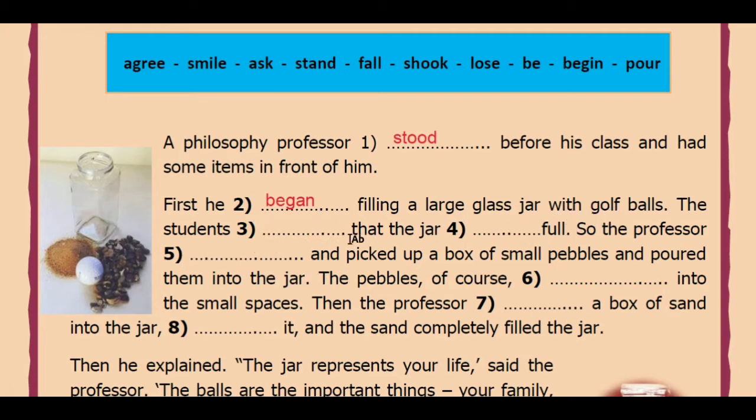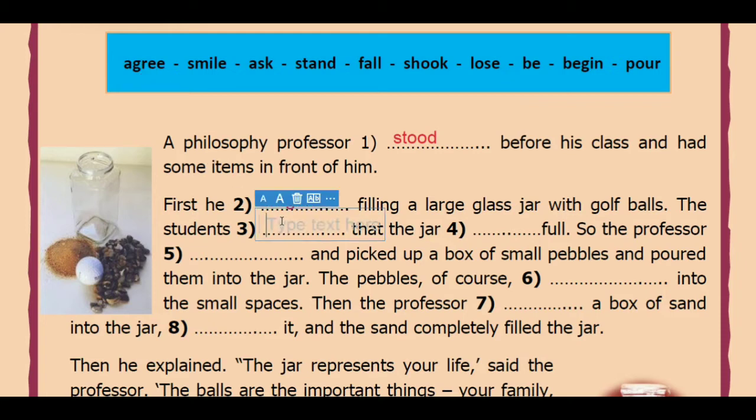The student, number three, dirty jar, number four, full. So number three, everyone: the student, and so on. You have to use which verb? You can say agree, right?